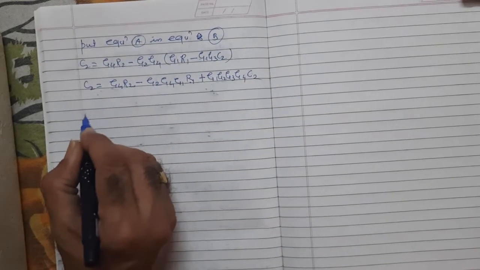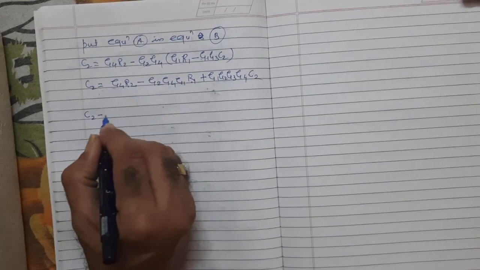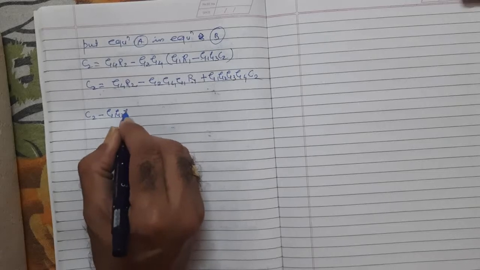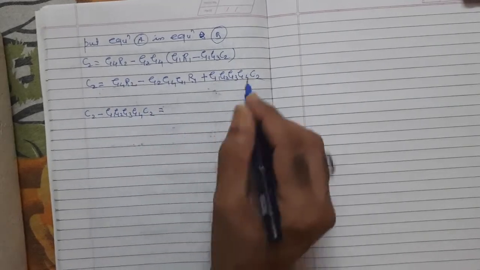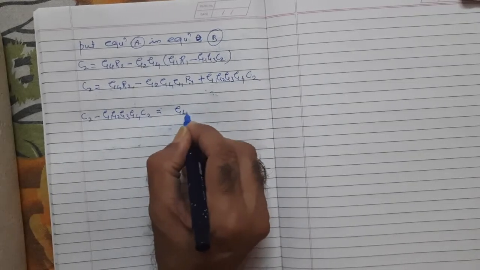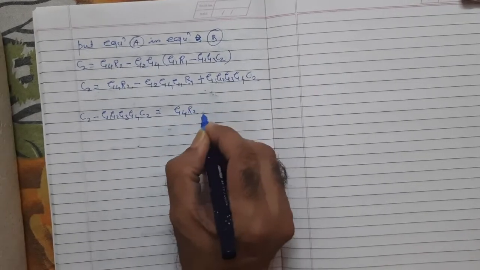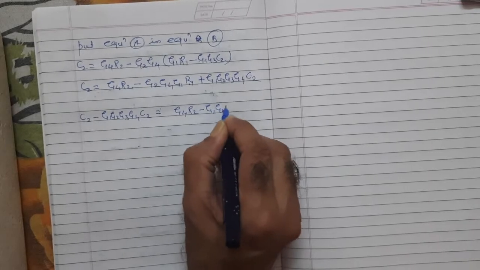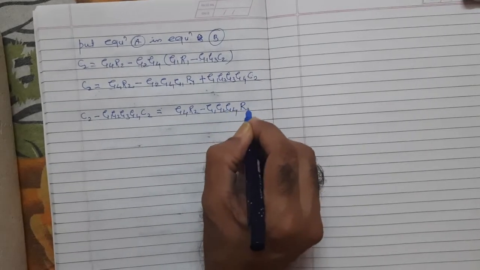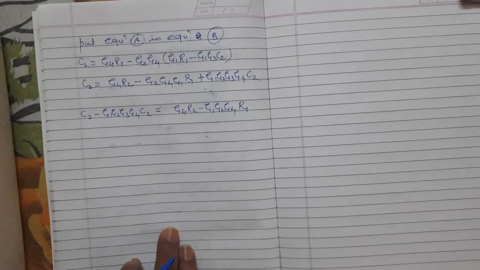So this becomes C2 minus G1 G2 G3 G4 C2 equals G4 R2 minus G1 G2 G4 R1.